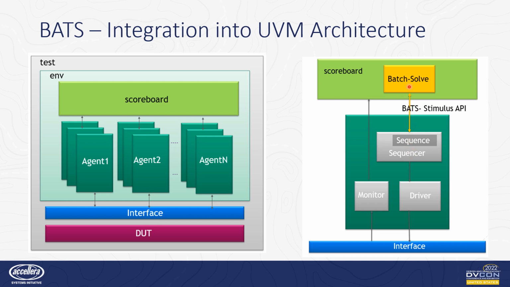If BatchSolve says yes, it can send it to the driver. If BatchSolve says no, it will need to re-randomize the memory operation and ask for permission again before sending it to the driver. This is the mechanism by which stimulus batching happens in BatchSolve, which will be discussed later. But the idea here is that BatchSolve gets queries from multiple sequences, and it either grants or denies, and by doing so, it acts as a stimulus filter.